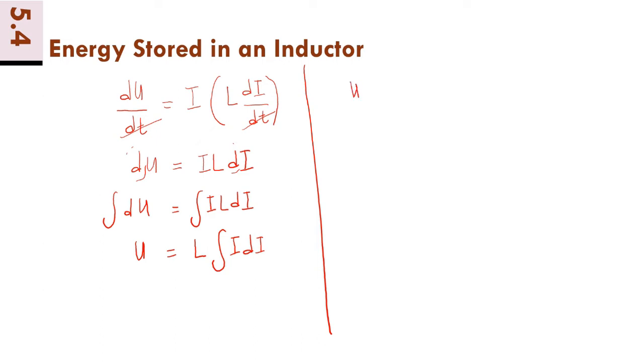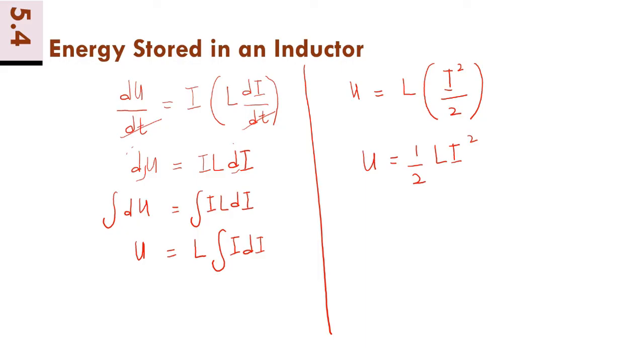Then U equals L, integrate I di, we will get I square over 2. And finally, we simplify the equation. So the total energy stored in the inductor equals 1 over 2 L I square. Alright, so hopefully it is clear how to derive from power to energy.